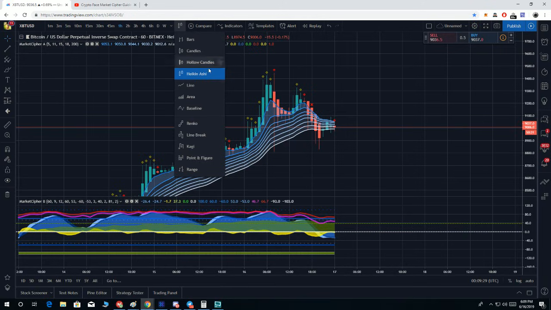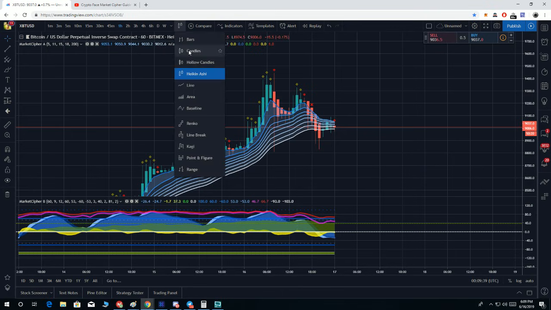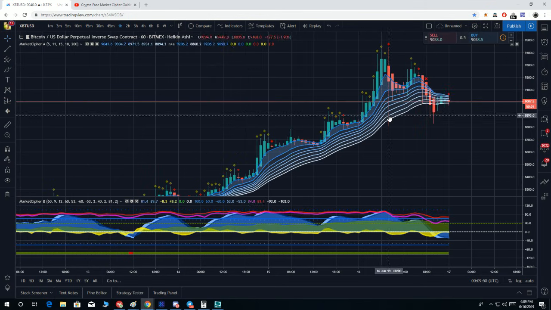Oh, and Market Cipher was designed for Heikin Ashi candles. Heikin Ashi candles are more modern than your standard candles. To give you a little bit of history, these standard candles were formed by the Japanese hundreds and hundreds of years ago. From 60 to 100 years ago, the same Japanese ancestral bloodline developed Heikin Ashi candles. They are so much better.